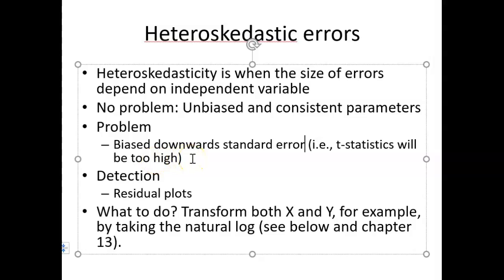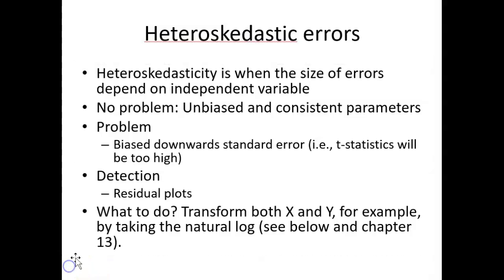So a lot of times we might think that our slope coefficient is statistically different from 0 when in fact it is not. You can find that with residual plots. There are some other tests, but at this level of statistics we're just going to do residual plots.